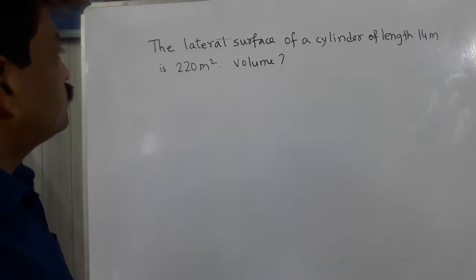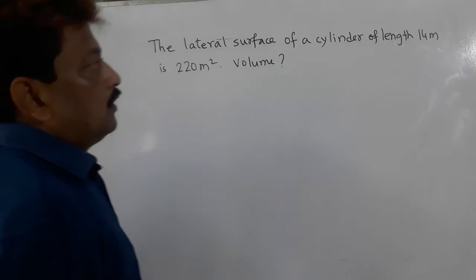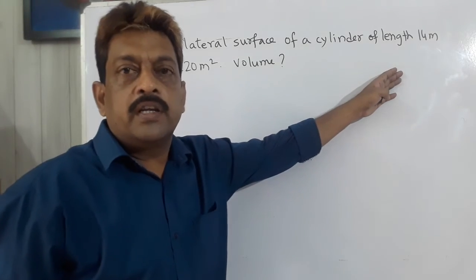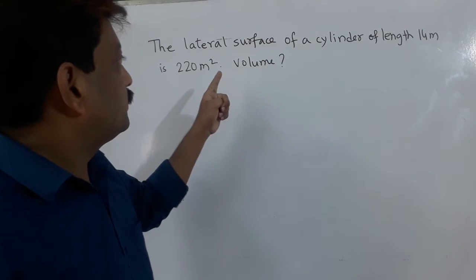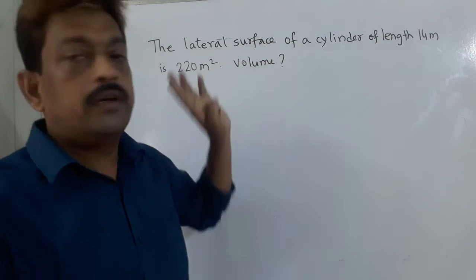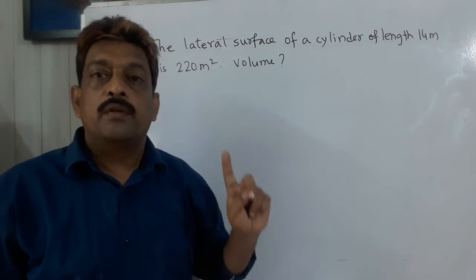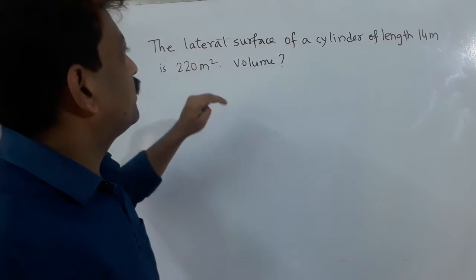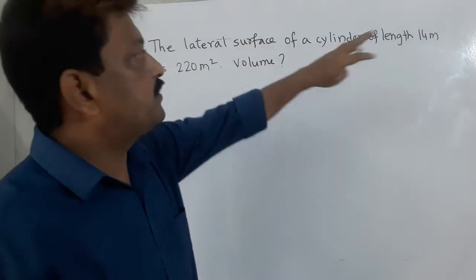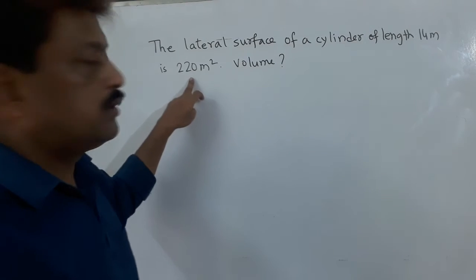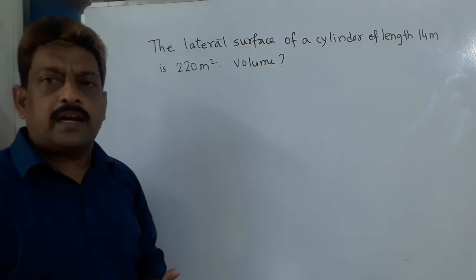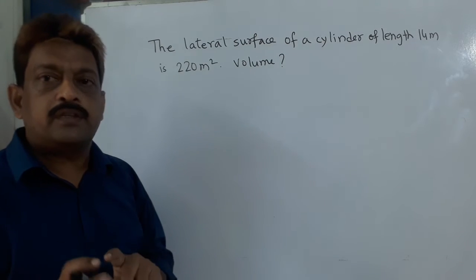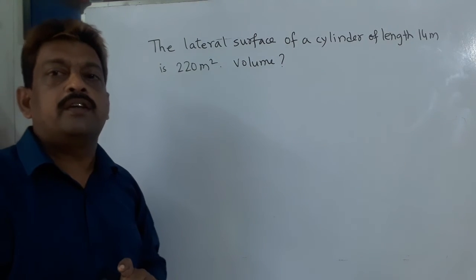Okay, now see here, length means we can consider the height as the length. So height of the cylinder is given, but the radius of the cylinder is not given. In place of radius, the lateral surface area is given, 220 meter square. So it is quite clear, by using the lateral surface area, that is the curved surface area, we can find the radius.